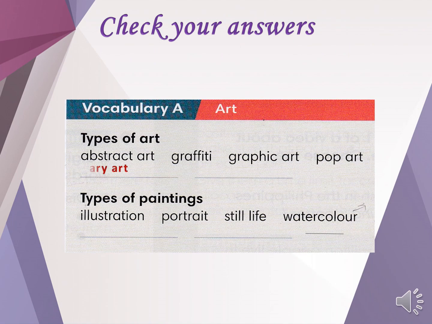Now check your answers. Types of art: contemporary art, sculpture. Types of paintings: landscape, oil painting, sketch.